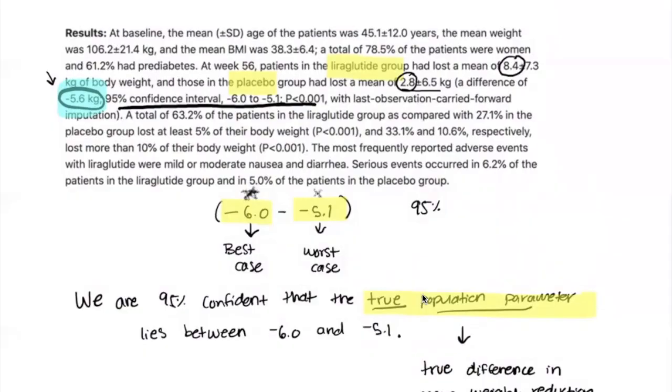So with this specific sample of patients, there was a difference of -5.6, but we're giving a range of -6 to -5.1 to represent that we are 95% confident that the true population parameter lies within this range. In the next video, we're going to go ahead and apply this information about confidence interval from this specific example to determine statistical significance.